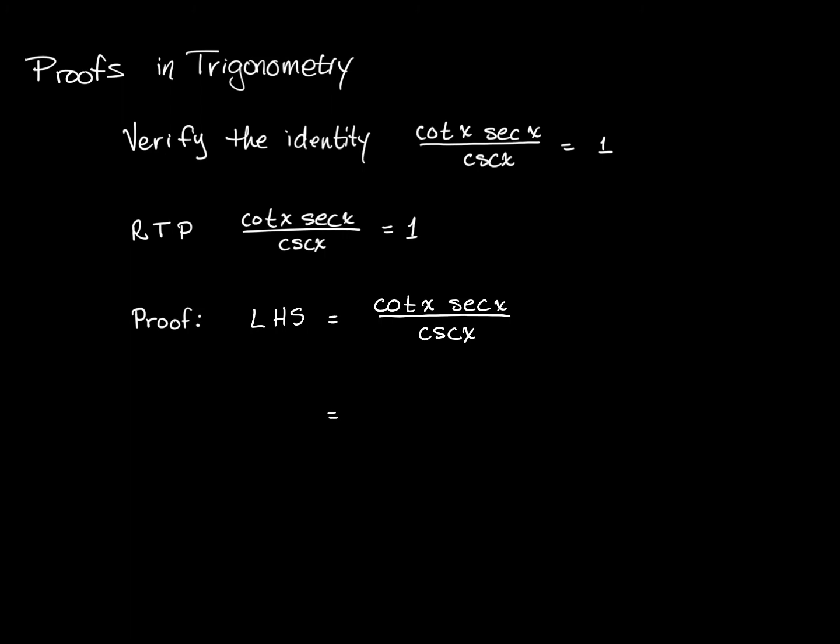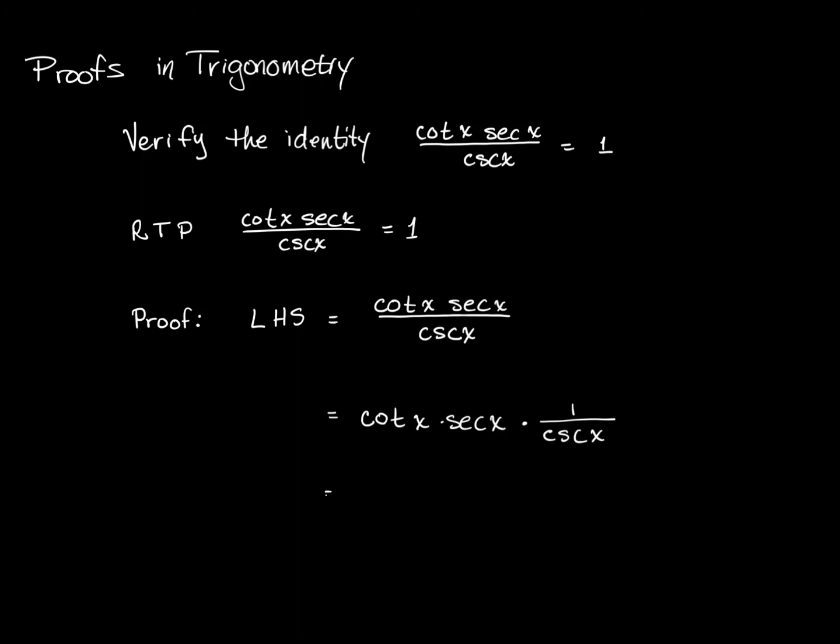I'm going to start the way I did the last time, by writing this quotient as the product of the numerator, cotangent of x, times the secant of x, times 1 over the denominator, cosecant of x. I've simply changed the form that this expression takes. Now I can start playing around with each of the three pieces here.